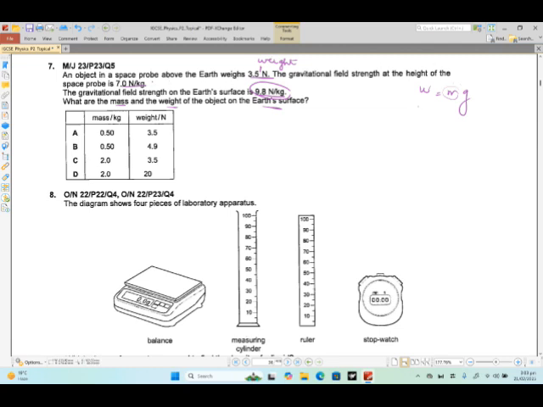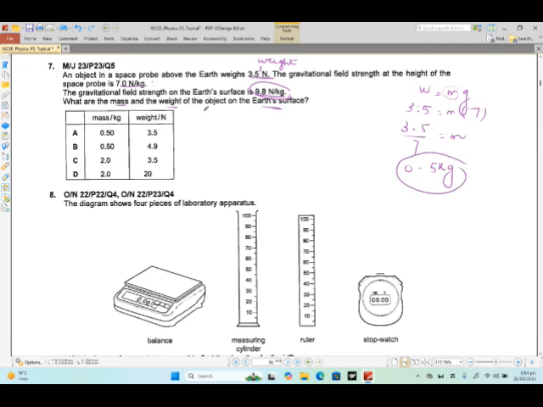We use its weight of 3.5 newtons, and using that we find the mass. Its weight is 3.5 newtons when the gravitational field strength is 7 newtons per kg. So 3.5 divided by 7, the mass would be 0.5 kgs. Now we have the mass of the object.